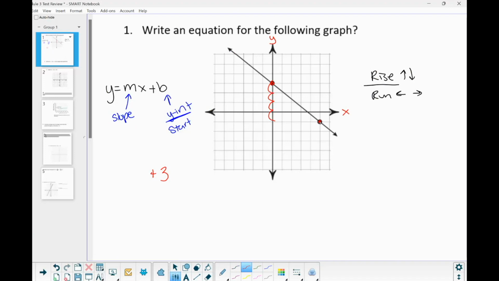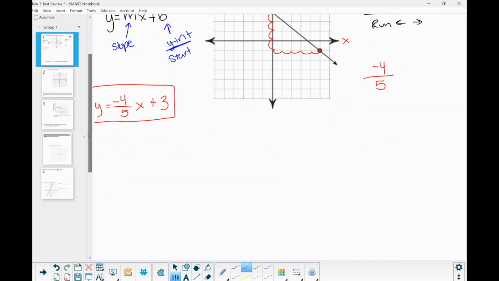We want to get to this point. Since we're going down 4, it's negative 4, and then we go to the right 1, 2, 3, 4, 5. Negative 4 over 5 is going to be our slope. So when we incorporate our slope, x doesn't change, y doesn't change. And there's our equation.